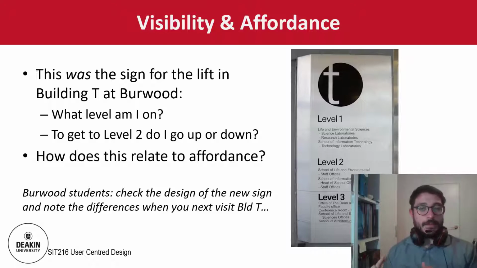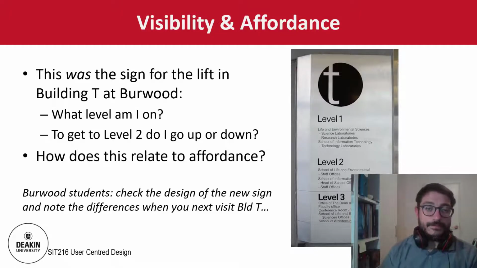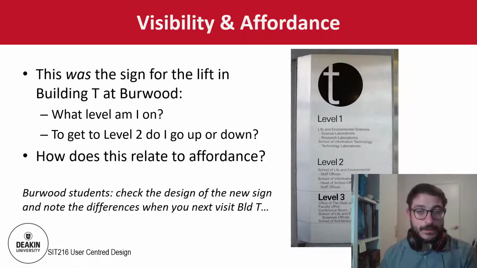So what is one way of finding out? Well, possibly you can tell the user that the ground floor is the first floor, or you can put exit next to it. But in this case, what does this sign tell you? Does it tell you how to get to that place? Do you need to go up or do you need to go down?